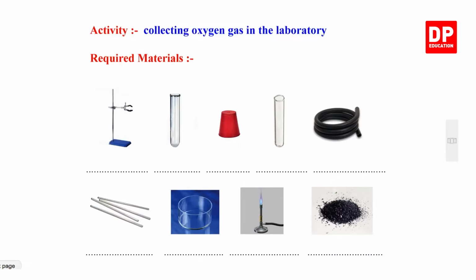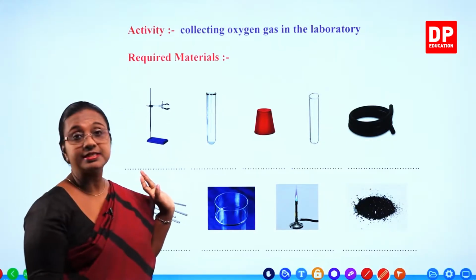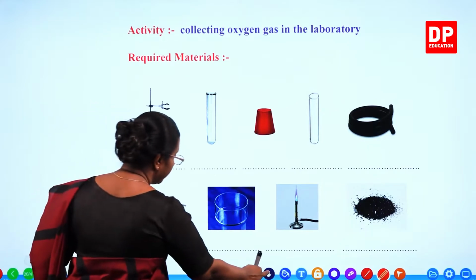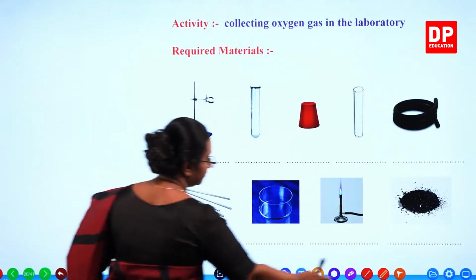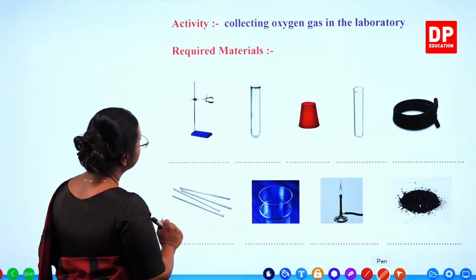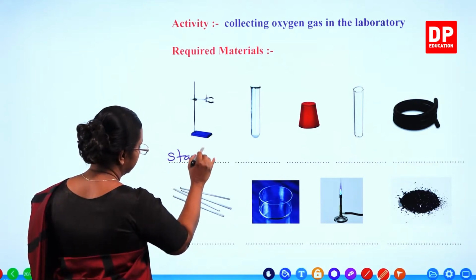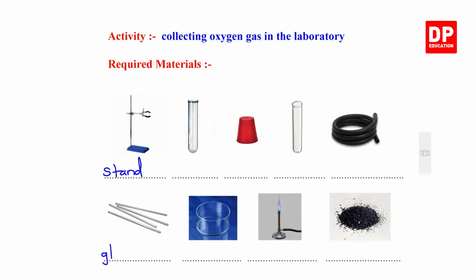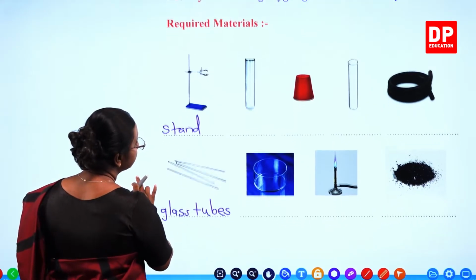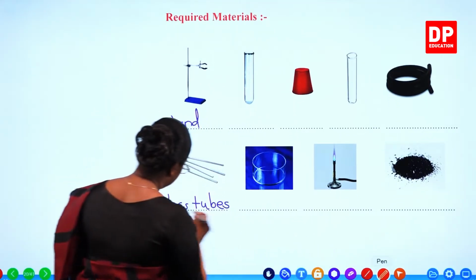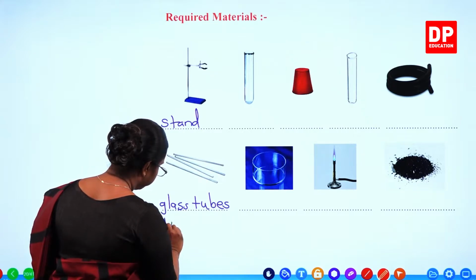So here we have the activity collecting oxygen gas in the laboratory. And for that we need all these materials. So here also, if I write from this side, we need the stand. Then we need glass tubes, or what we call delivery tubes.